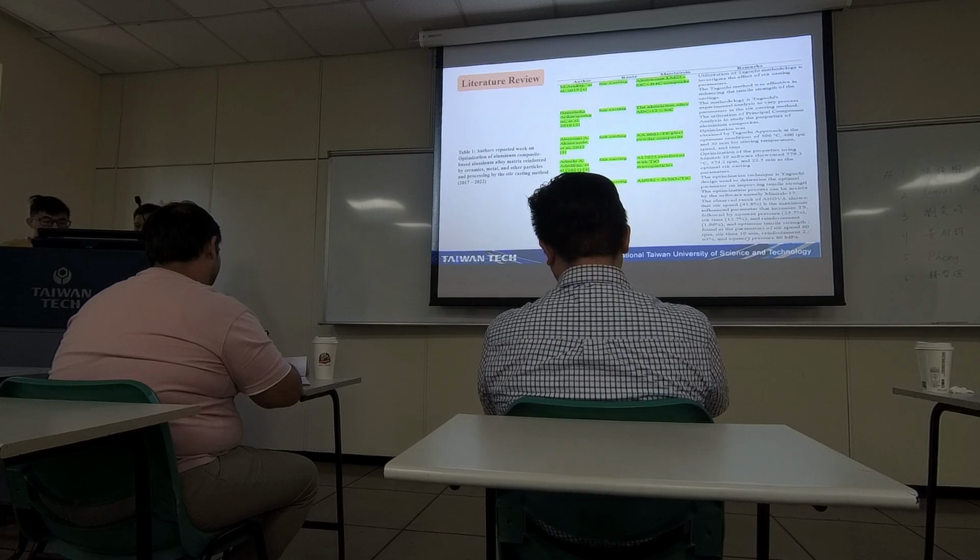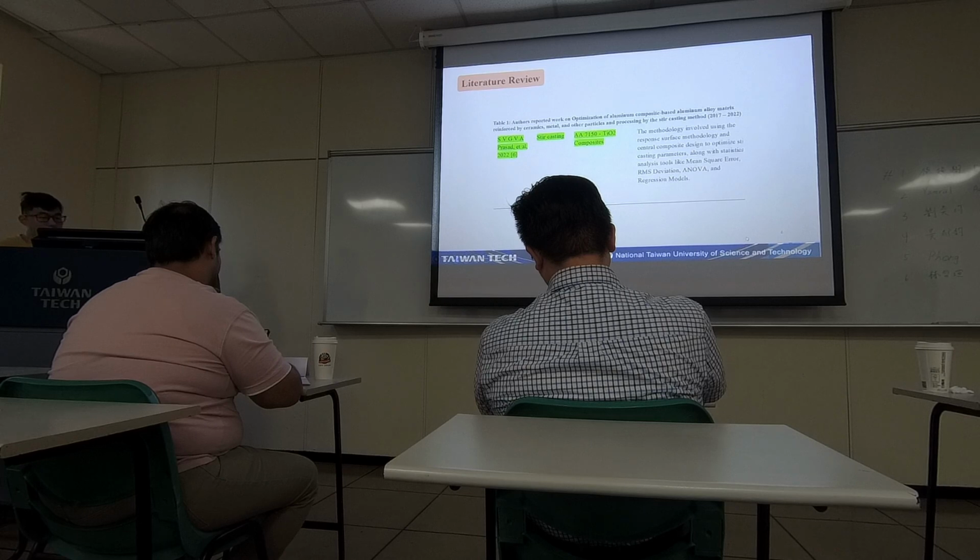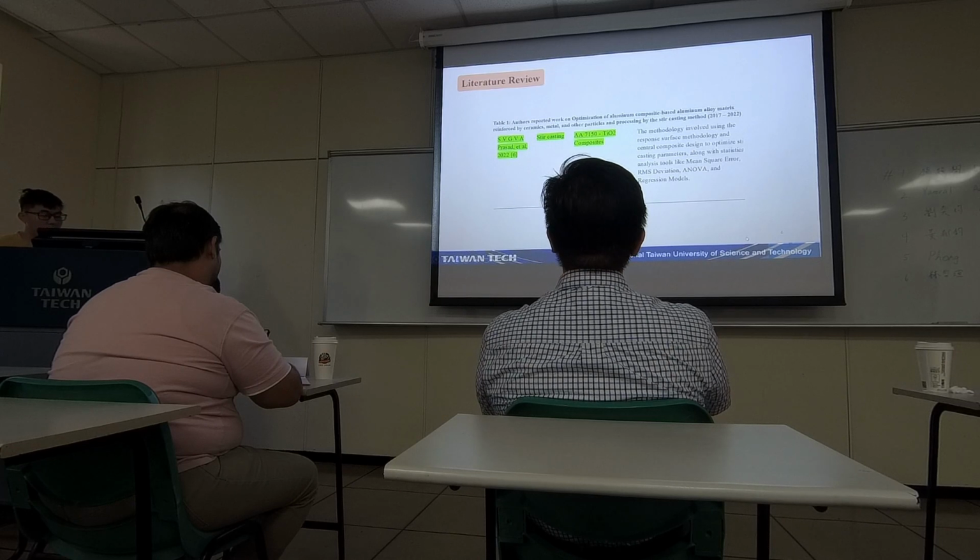And then the sixth is Prasad in 2022, optimization using response surface methodology and central composite design to optimize stochastic parameters along with the statistical tools, mean square error, RMS deviation, ANOVA, and regression model.